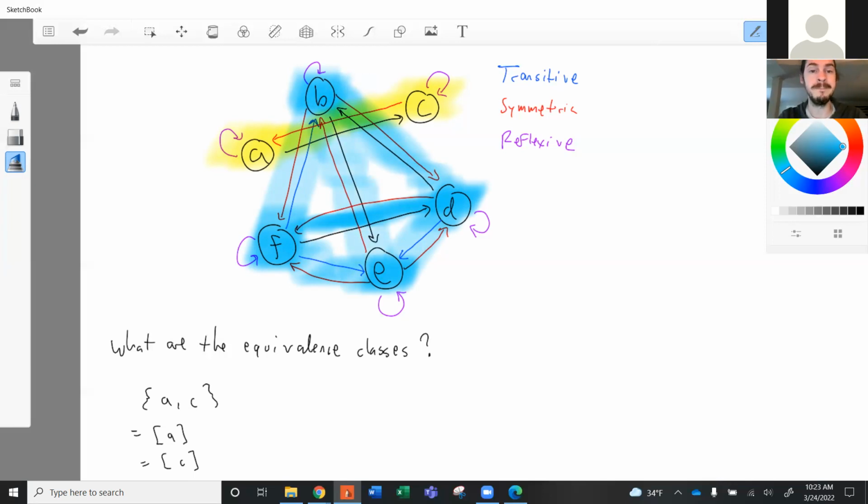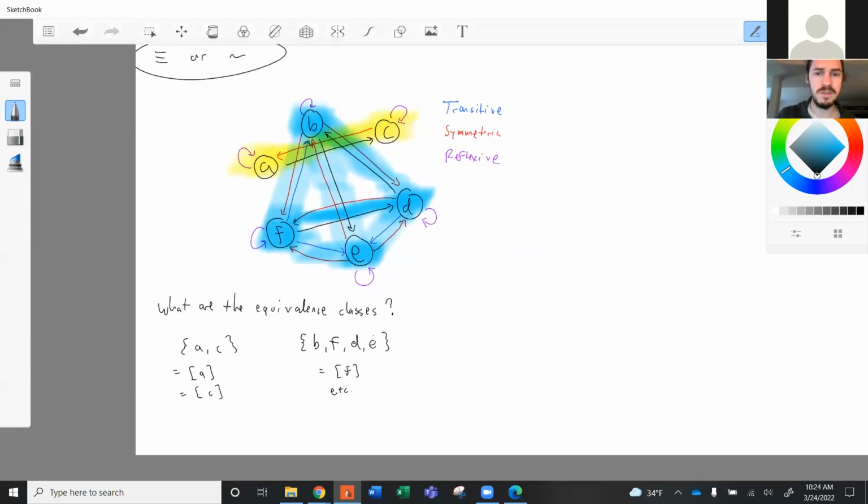So those four together form their own equivalence class, B, F, D, E. It doesn't matter what order you write them in because it's a set. So, for example, this could be the equivalence class of F, but also the equivalence class of D, or of E or B. Okay, so there we go.